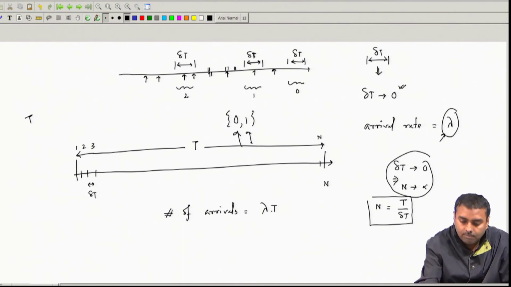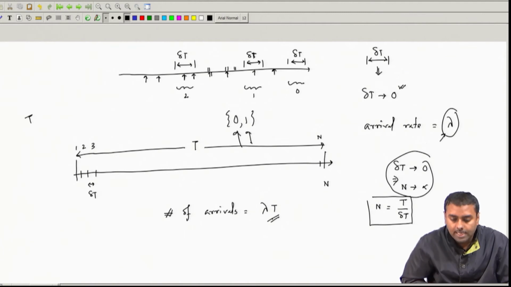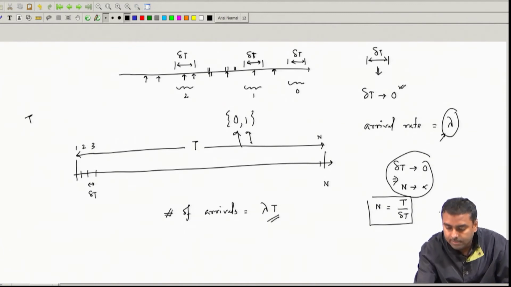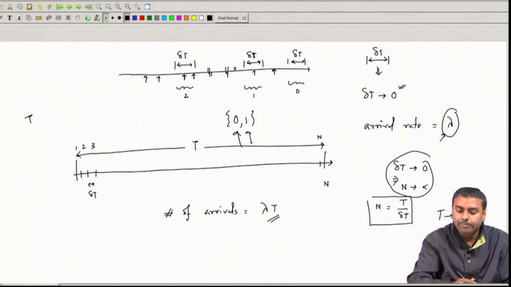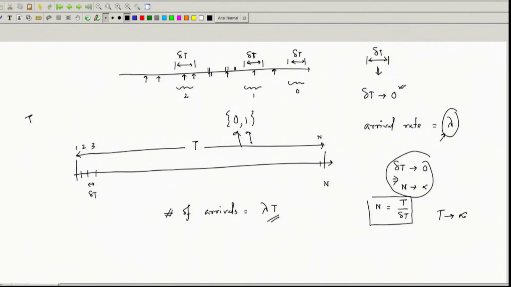So, basically I can almost surely say, as long as T is going towards infinity or is very big, then with the law of averages, or the frequency definition of probability, lambda into T number of arrivals will be happening inside this.